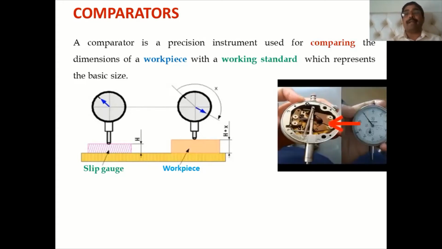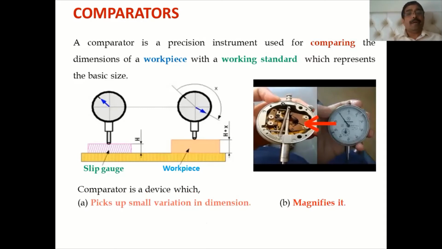Now the comparator is a device which picks up a small variation in the dimension. Small variation means you can see this x is a small variation. That is the meaning of that. And part B is to magnify it. How can it be magnified? I have shown the internal structure of the dial indicator.